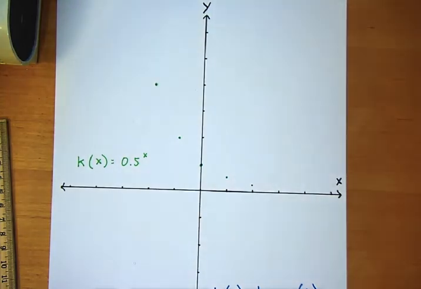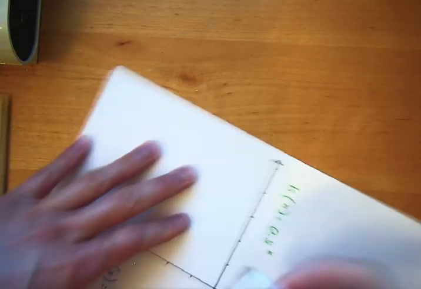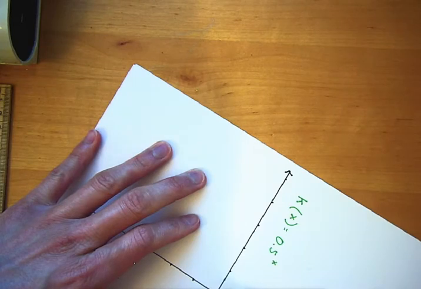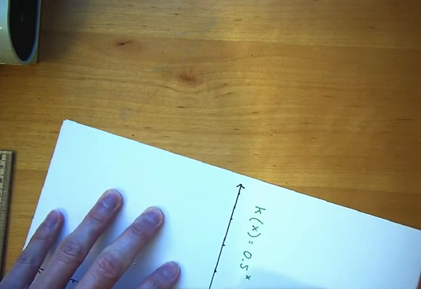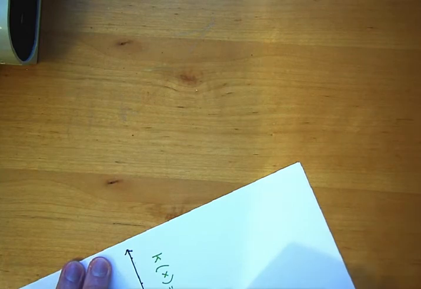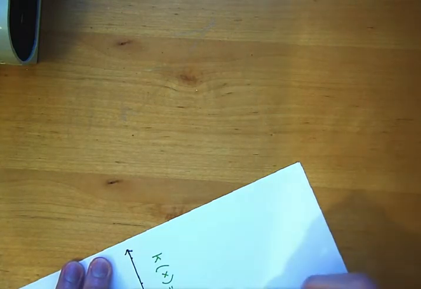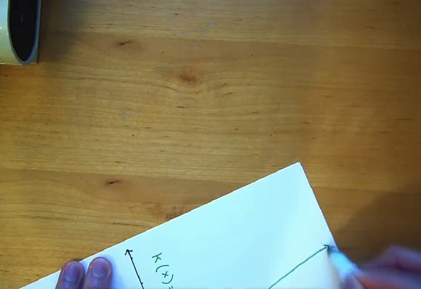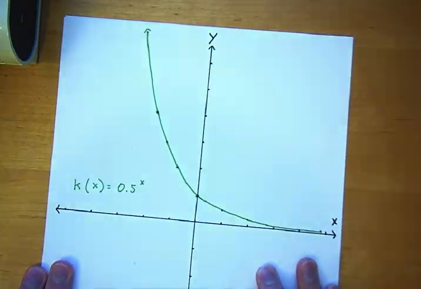So the graph is going to go through those points right there. So it looks like that.